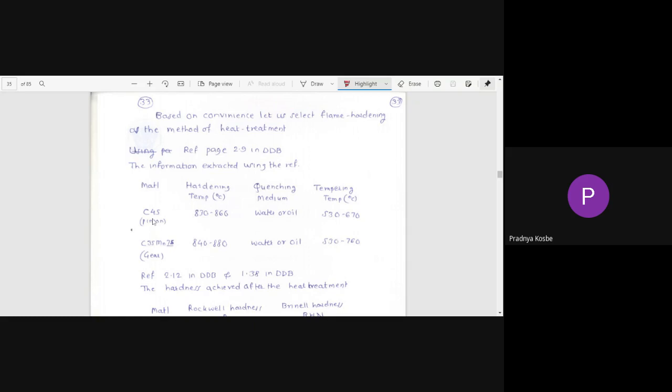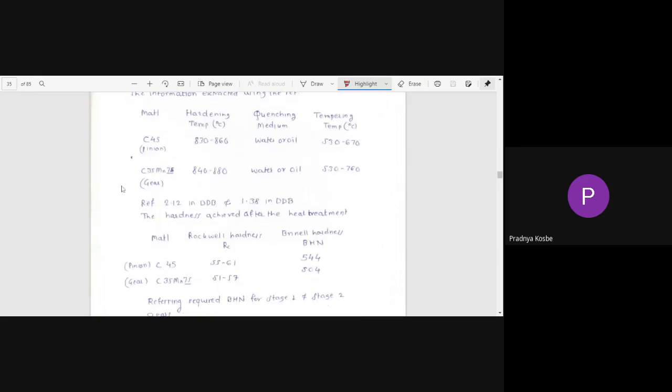So according to that, for material C45 for a pinion, the hardening temperature is 830 to 860 degrees Celsius. The quenching medium is water or oil, and the tempering temperature is 530 degrees Celsius to 670 degrees Celsius.